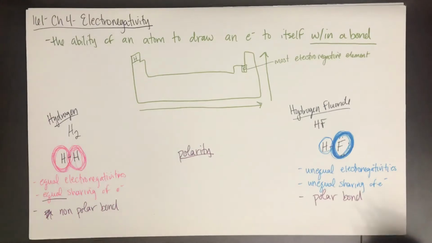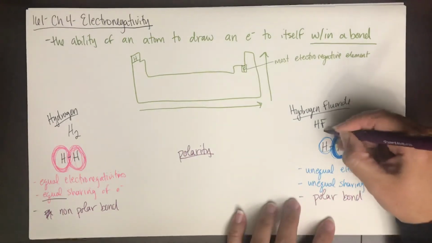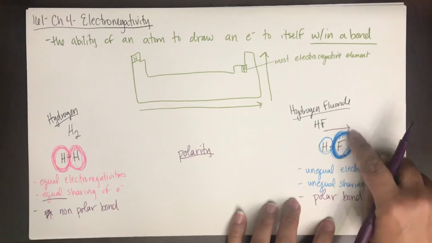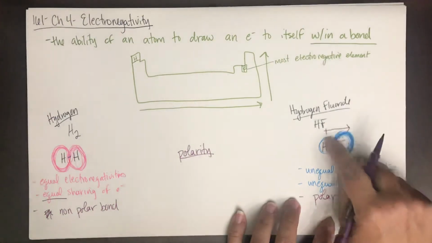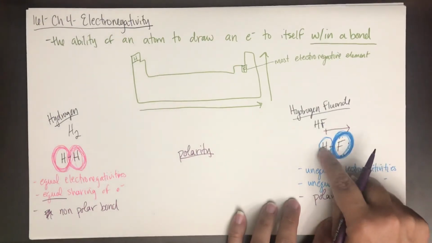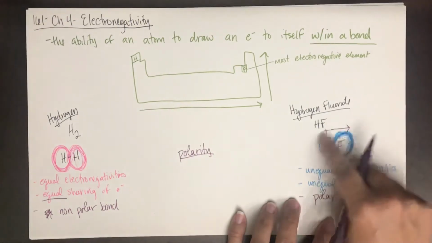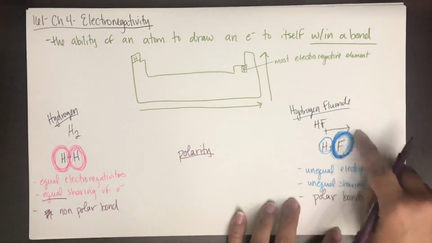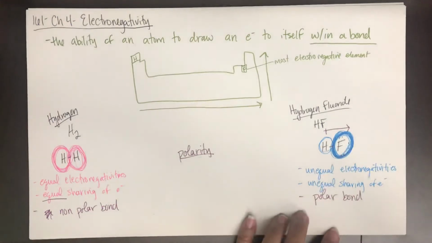The way that we represent this is by drawing a vector, sometimes called a dipole moment, where we draw an arrow. The arrow points towards the more electronegative element, and on the other end we put a cross, which represents the less electronegative element. This arrow is called a vector, and it also means this has a dipole moment.